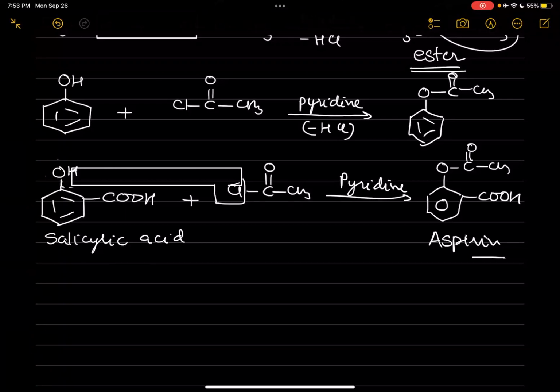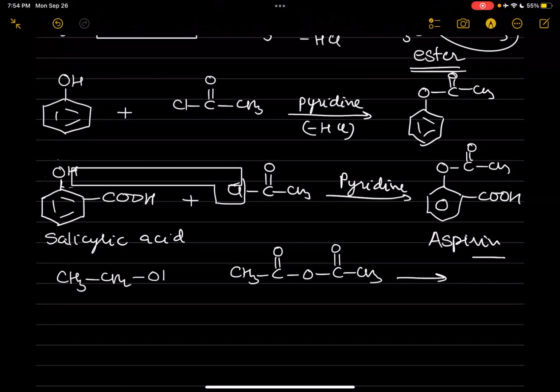Yes, sir. Aspirin is prepared from the acetylation. For acetylation, either you can use directly carboxylic acid, you can use acid chloride, or there is one more thing which you can use here, that is acetic anhydride. Okay, that can also be used. Let me tell you, suppose you have taken CH3CH2OH.